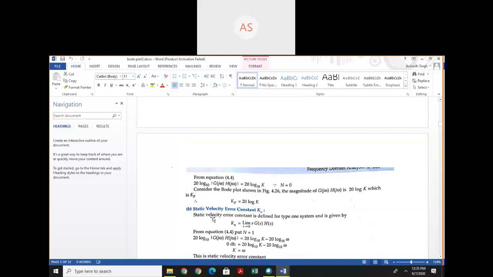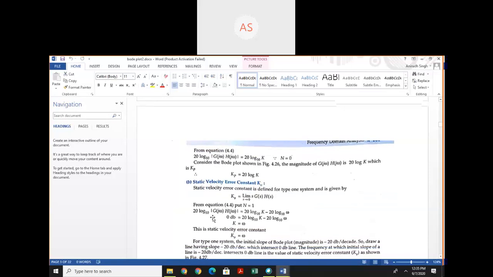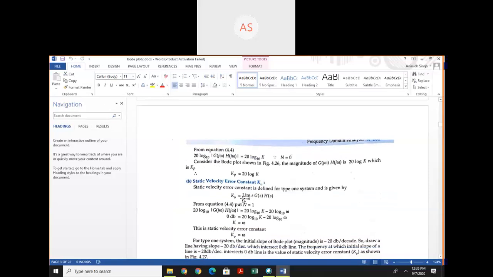Similarly, the static velocity error coefficient is given by Kv equal to limit s G(s)H(s) where s approaches 0. And we derive an expression: 20 log G(j omega) H(j omega) is equal to 20 log K minus 20 N log omega.